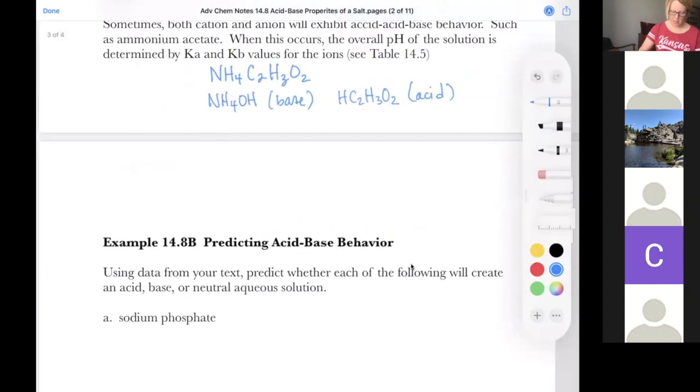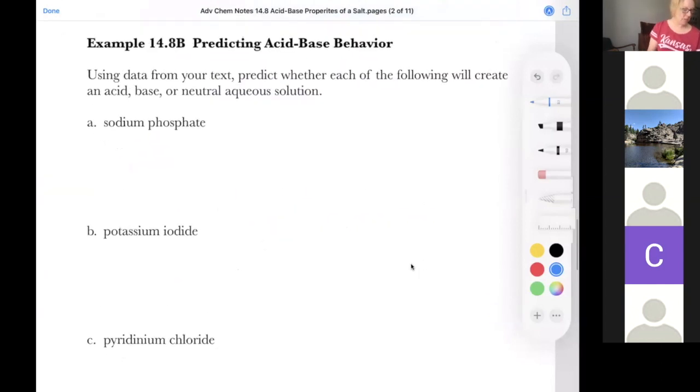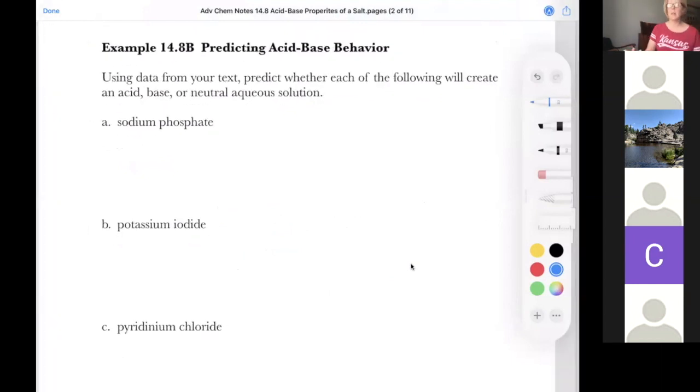Okay, so our next task then is to predict acid-base behavior, and then finally we will calculate the pH. So in this exercise, you'll need to look at data from your textbook.